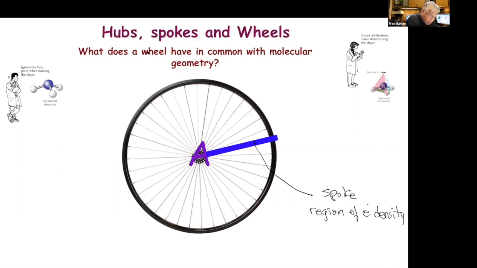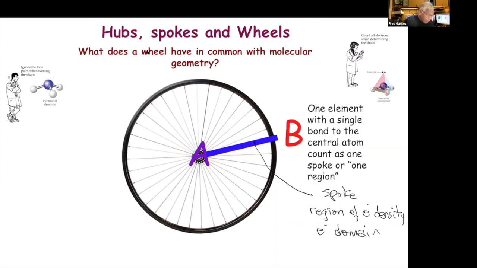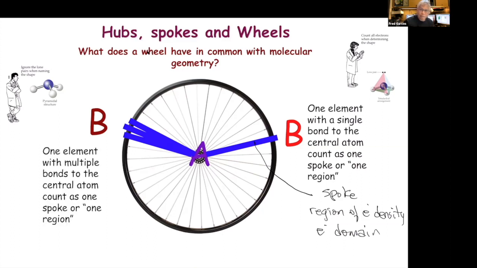Or some books call this an electron domain. So when you have a bond pointing to one atom, that's an electron domain. When you have multiple bonds pointing to a single atom, like a double bond or triple bond, that counts as one domain, okay?